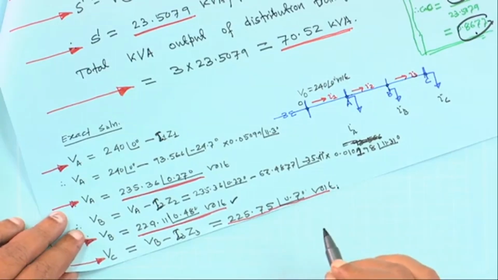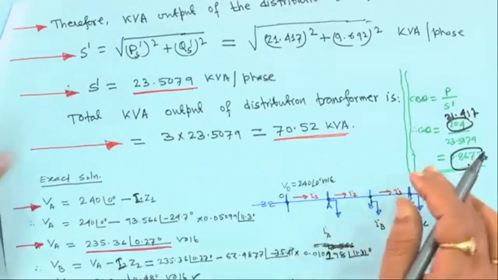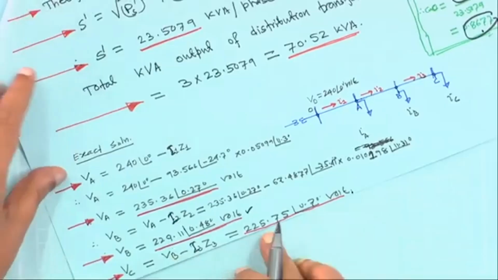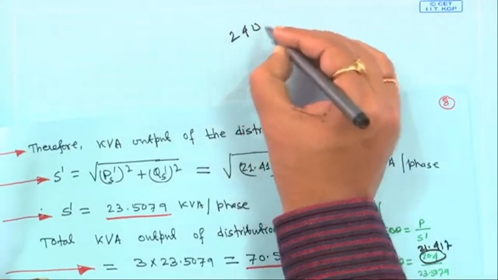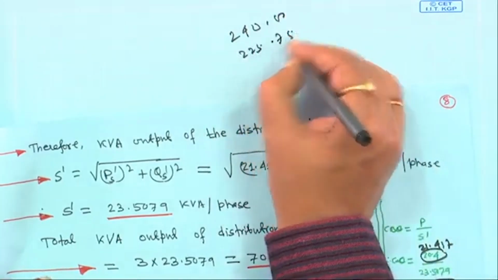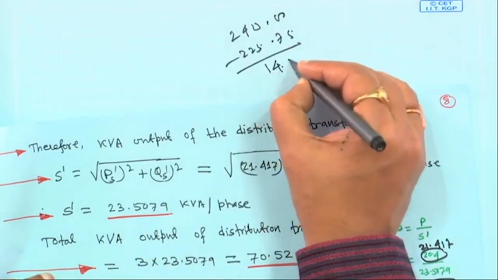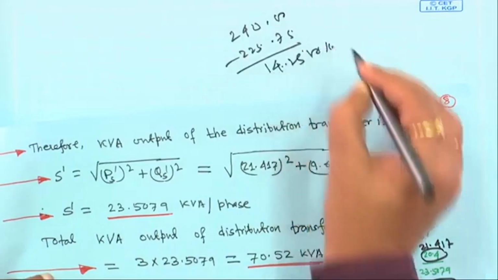So, all the node voltages at A, B, C you will get this much, and the end point voltage was 225.75. The substation voltage was 240.00 and this is 225.75. If you subtract, it will be 14.25 volt, right.